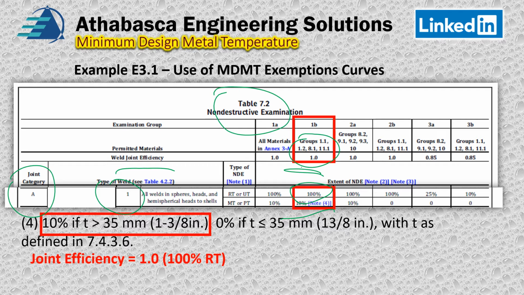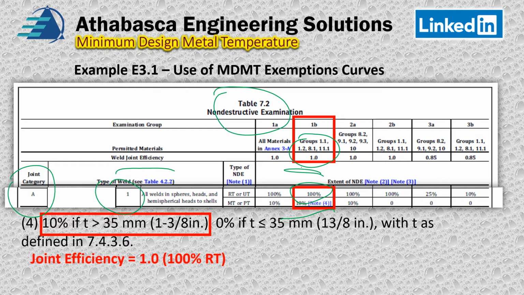The rule, note 4, says 10% if the thickness is greater than 35 millimeters, which is 1 and 3/8 inches, and you don't need to do any of that NDE if the thickness is less than 35 millimeters or 1 3/8, with T as defined in 7.4.3.6. So there are some exemptions.